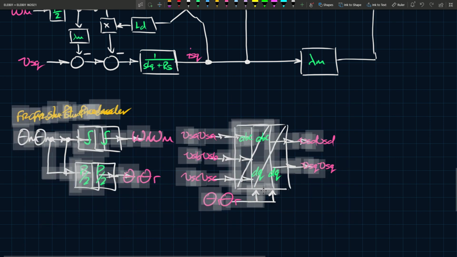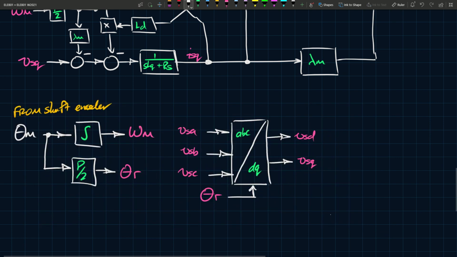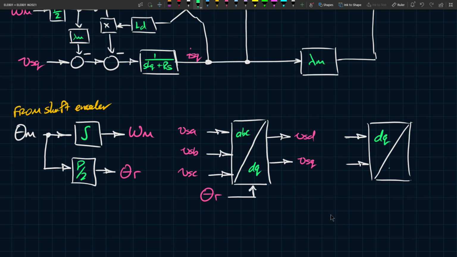Maybe we can move all this over because it's kind of cramped if I add another block, which I'm going to. Once you have these two, you also need to understand what your currents look like. If you want to do that, an extra block that you can include is the dq to ABC transformation, which would have ISD and ISQ as inputs, and the outputs would be ISA, ISB, and ISC.